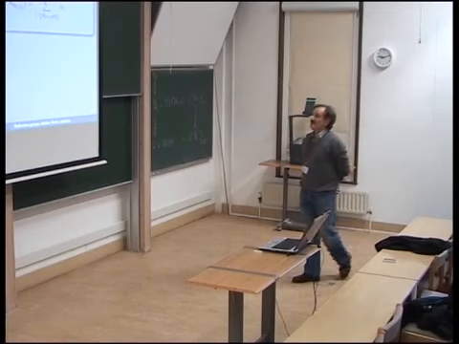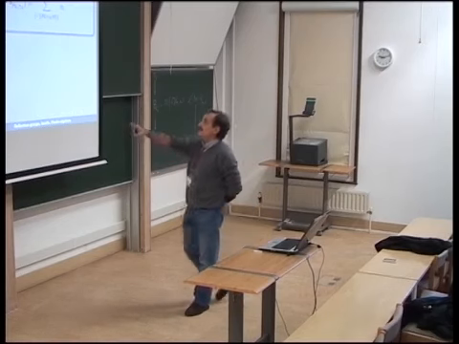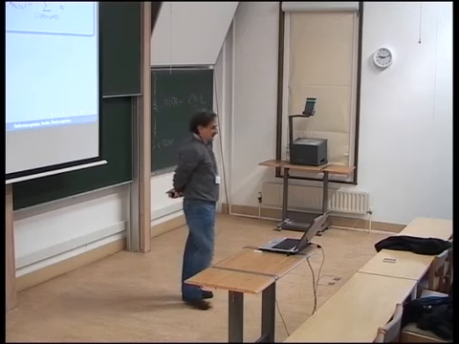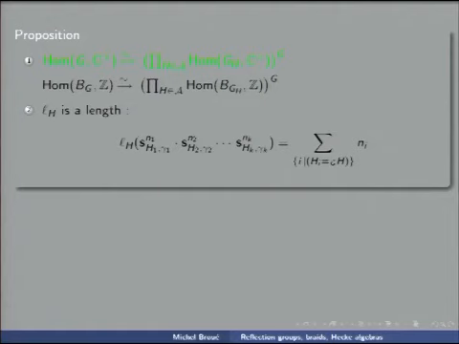Any element of the braid group, since it is generated by these SH gamma, is a product of SH1 gamma 1 to a certain power n1, etc. And so the length LH of such a product is the sum of the exponents ni for those i's for which hi is in the corresponding class of the indexing H. This is local.